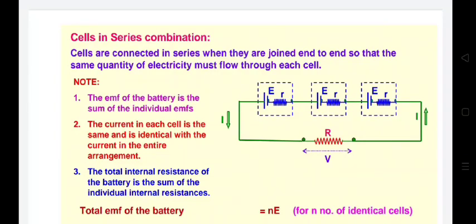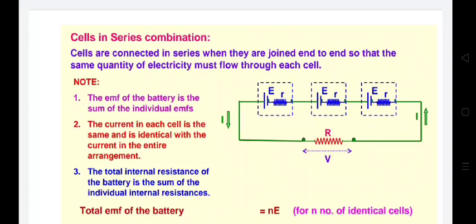So if there are n number of cells, they are poled positive to negative, negative to positive, they are in series combination. Now there are certain points to be noted here. The EMF of the battery is the sum of the individual EMF.